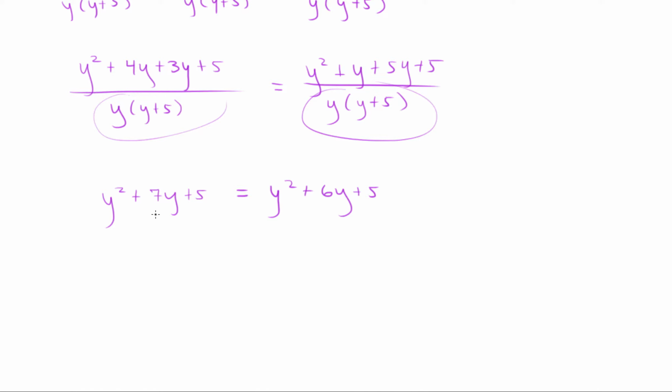We then set it equal to 0, so we move all of this to the left side of the equality. So you have y squared plus 7y plus 5 minus y squared minus 6y minus 5 equal to 0. y squared minus y squared equals 0. 7y minus 6y is y. 5 minus 5 is 0, so you have y equals 0.